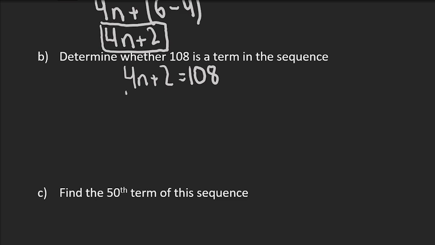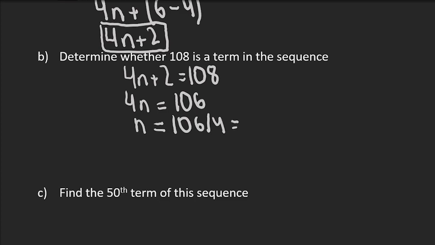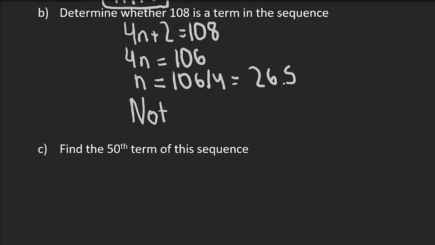We would first subtract 2 from both sides, and then divide both sides by 4. So 106 divided by 4 is 26.5. And therefore 108 is not a term in the sequence because 26.5 is not a whole number.